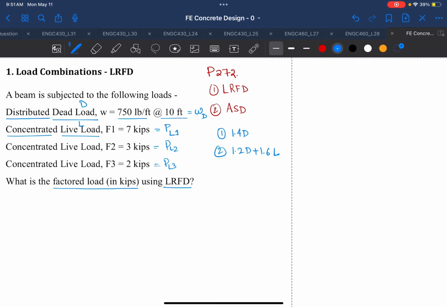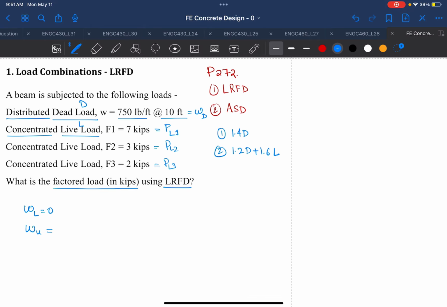So in this case, you are going to see how to apply all these combinations. For the first one, because it is a distributed load, we have WD and WL is 0 in this case. So we are going to find a factored load, or WU, which is a maximum load.